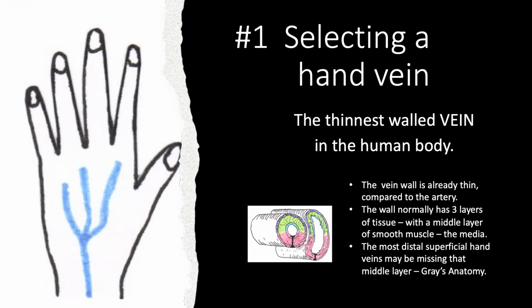And according to Gray's Anatomy and other anatomists, the most distal superficial veins in the hand may even be missing that middle layer of muscle. This makes this vein, venule and venous part of the capillary bed very vulnerable to leakage and makes the vein very vulnerable to rupture. You've all seen that with hand IVs.